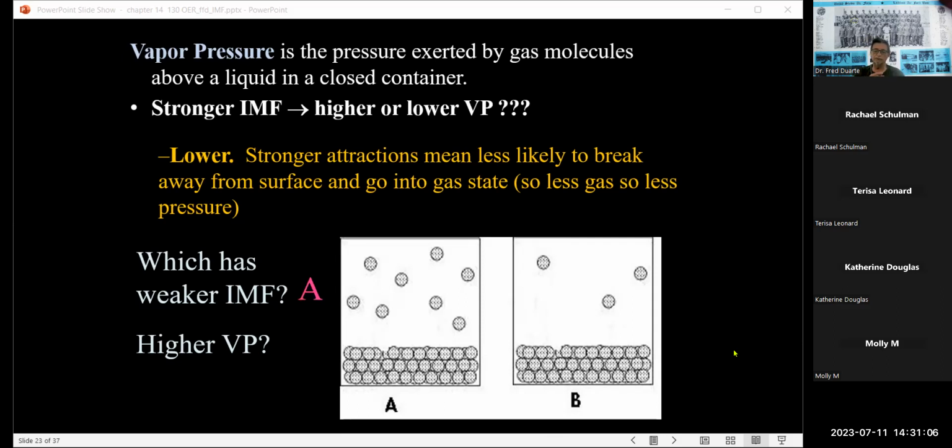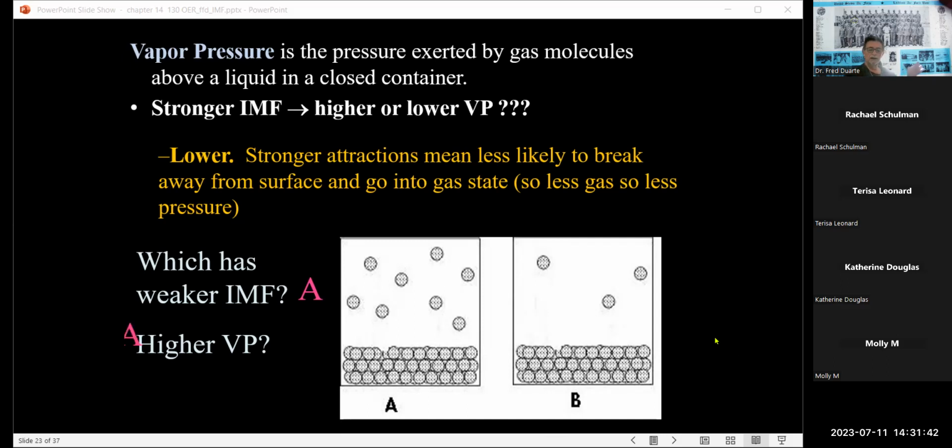On the diagram on the left, you can see there are more molecules in the vapor phase, more circles floating around in the gas phase compared to B. What that suggests is that for A, the intermolecular forces are weaker and therefore require less energy to break apart and go into the gas phase compared to B.